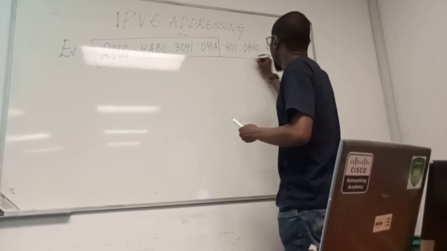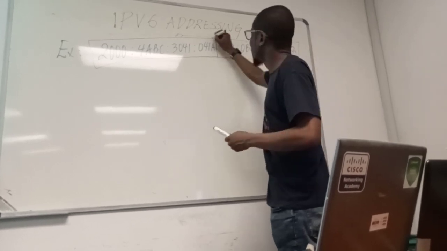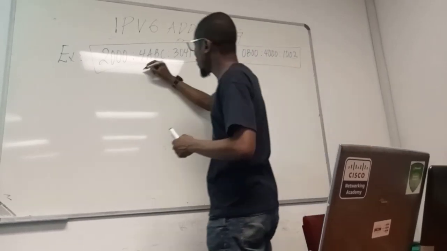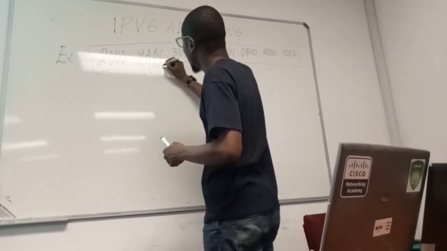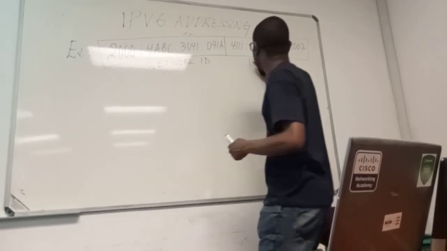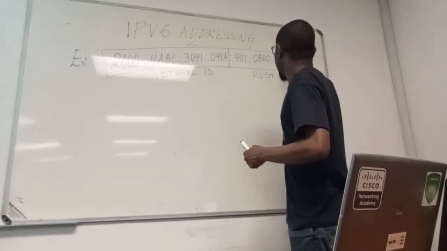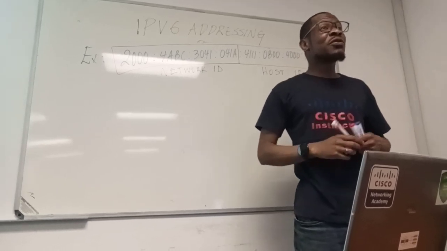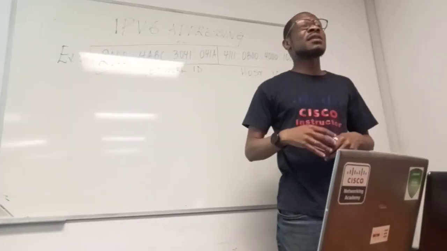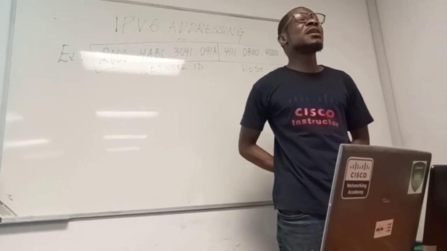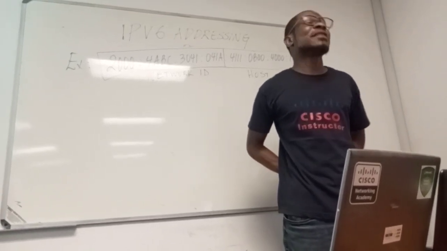And the remaining is what? Your host part, right? So this is your network ID, and this is your host ID. They will ask you that question. They will give you an IPv6 address. They will ask you, where is the host ID?